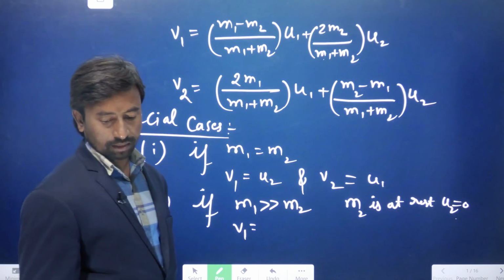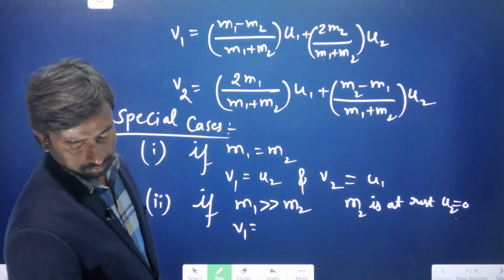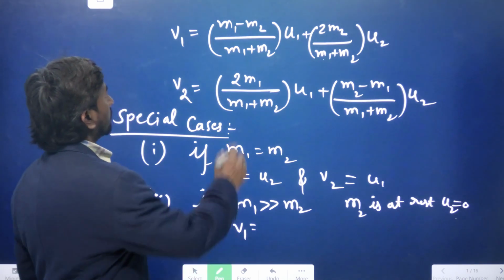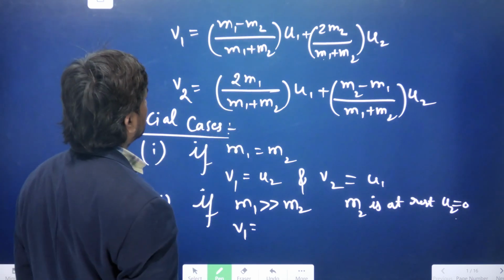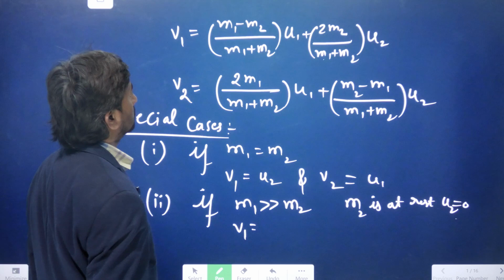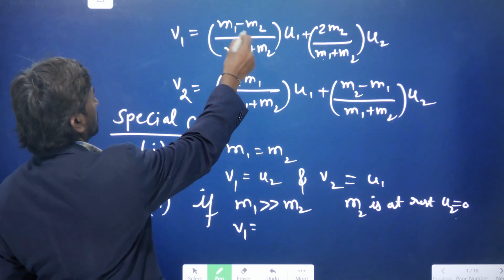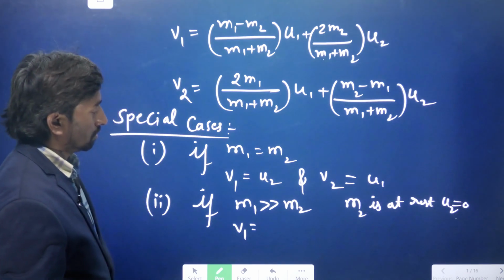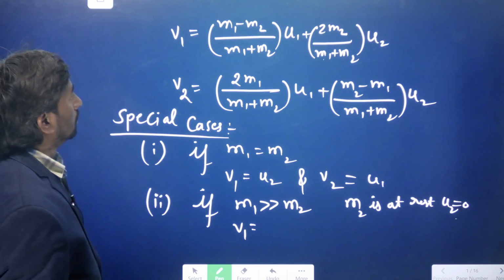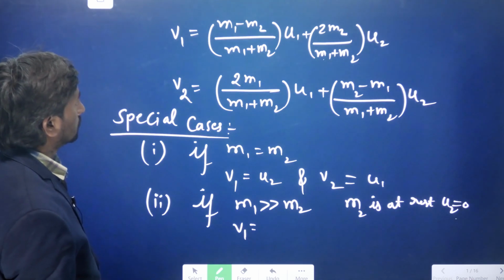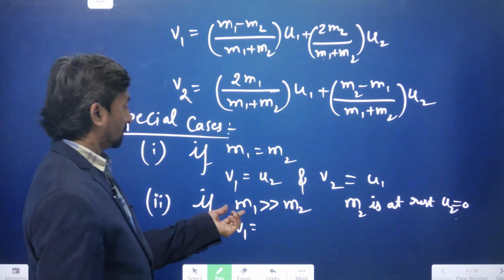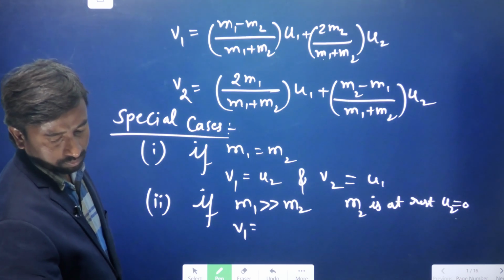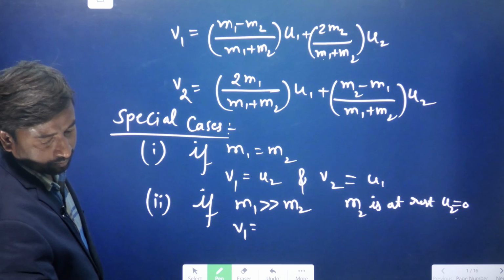Since m1 is far greater, m1 minus m2 is approximately m1 and m1 plus m2 is approximately m1, so v1 is equal to u1.